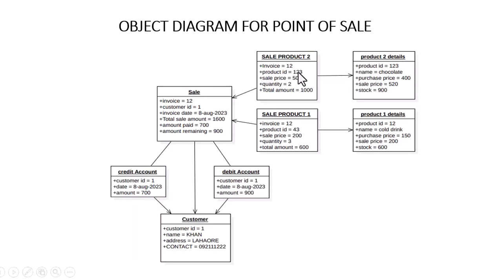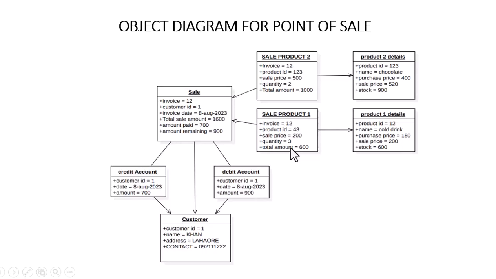Sale detail product 2 and product 1 are dependent on these objects, because the invoice is generated here and products are fetched from here. So this is product 2, 12, product name is cold drink, purchase price is 150, sale price is 200, and stock is 600. So the product ID and sale price are fetched from here, and then the total amount is calculated.